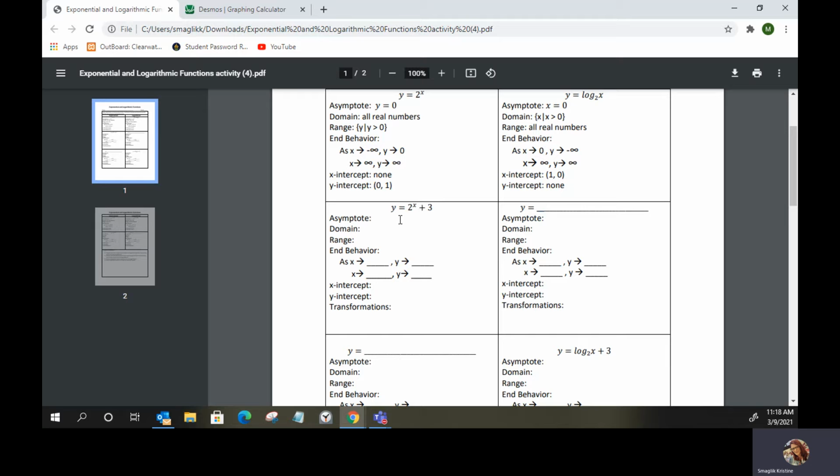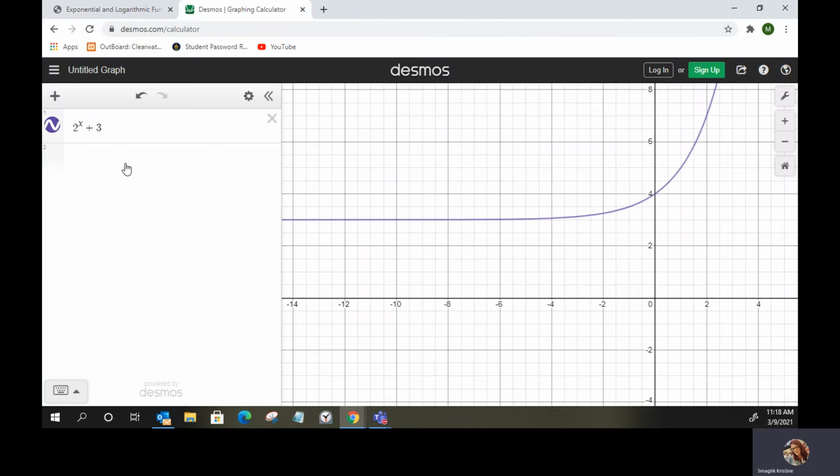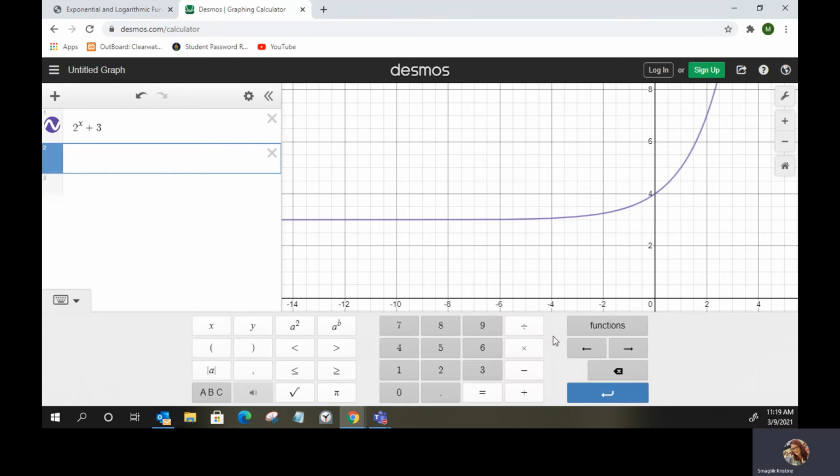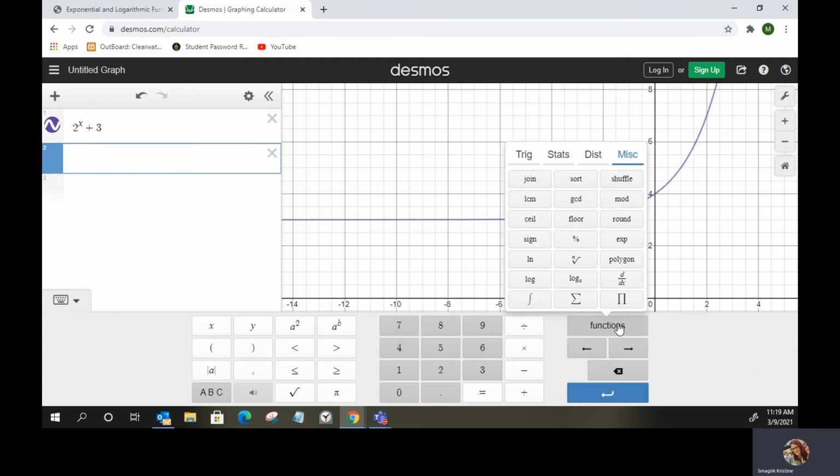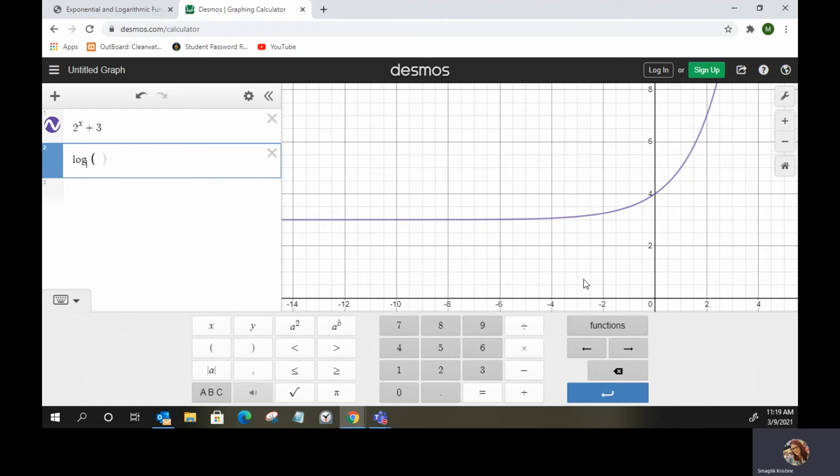You would need to subtract that 3, move it to the other side before you convert this into logarithmic form. And when you do that, you are going to get, let me go down, keyboard, functions, miscellaneous, log. We are going to have log base 2. That is going to be x minus 3.